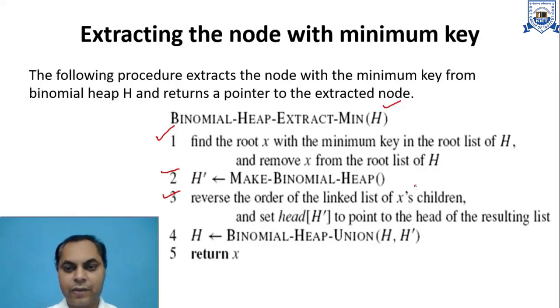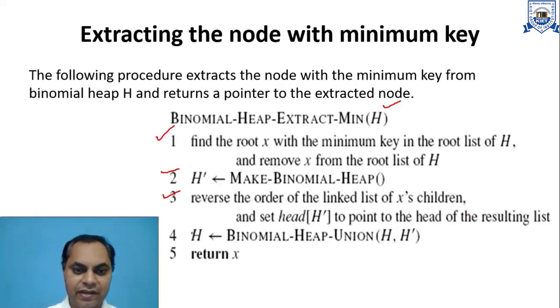Now what we have to do is reverse the linked list of those children and set head H dash, that means the new empty heap we created in line number 2, to point to the head of the reversed list. So that new list will be pointed to by head H dash.